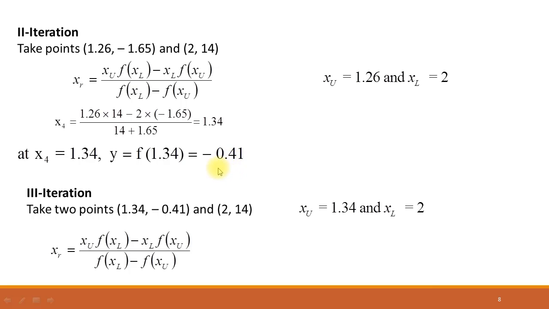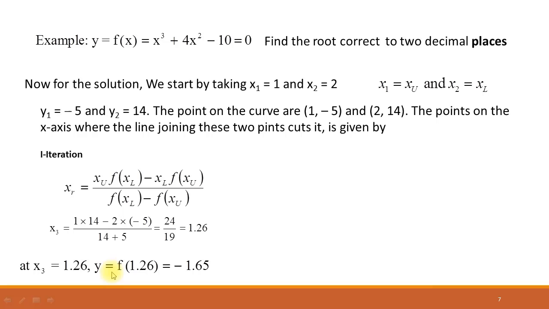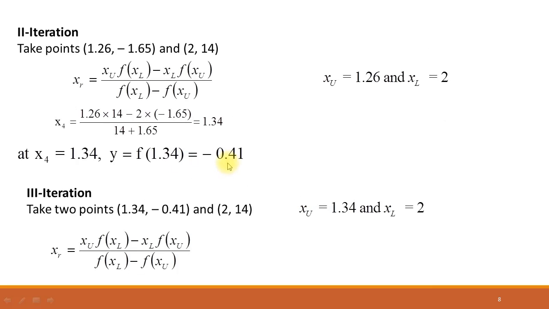Now dear students, note that the function has a negative sign at x4, and the function also has a negative sign at x3, and at xu, which is the first initial value x1. x1 is 1 and the function value is minus 5. So it is clear that the function has opposite sign at x4 and at xl.